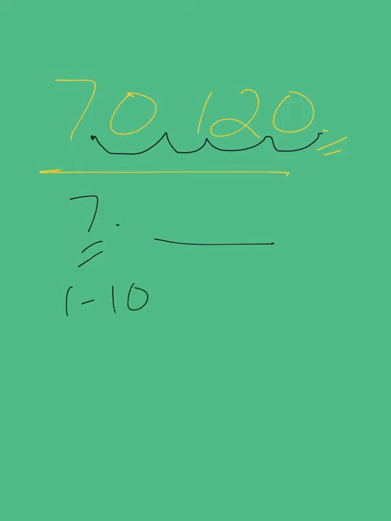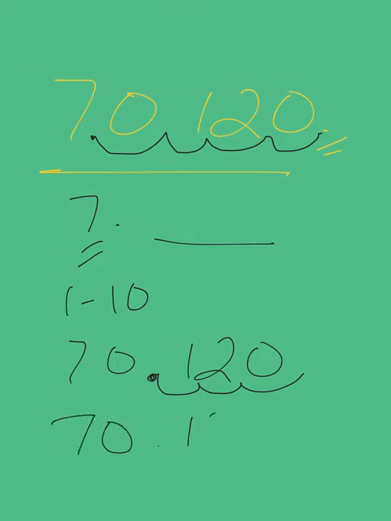If we had 70,120 and we moved the decimal place over 3 spots to here, now this number is 70.120, and 70 is not between 1 and 10. So we have to move the decimal place over as many times as we have to in order for it to be represented as a decimal between 1 and 10.